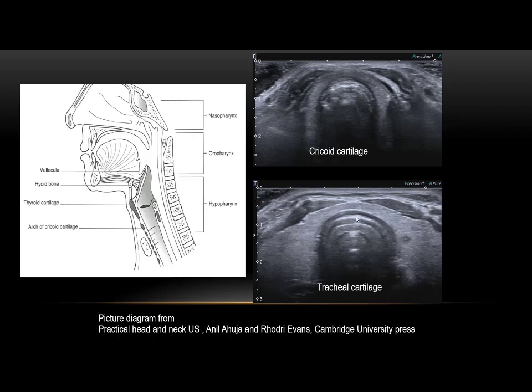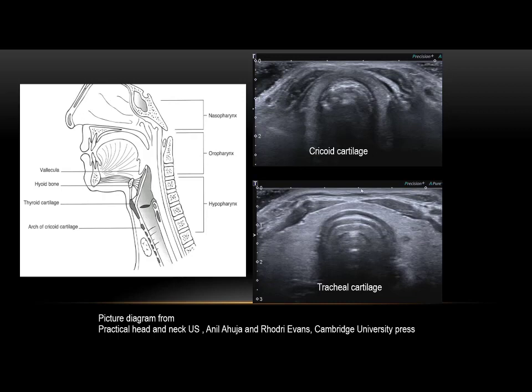If we look carefully at the tracheal ring, there's also a mirror artifact, since beneath the tracheal ring there's a tracheal membrane, which is a highly reflective structure.